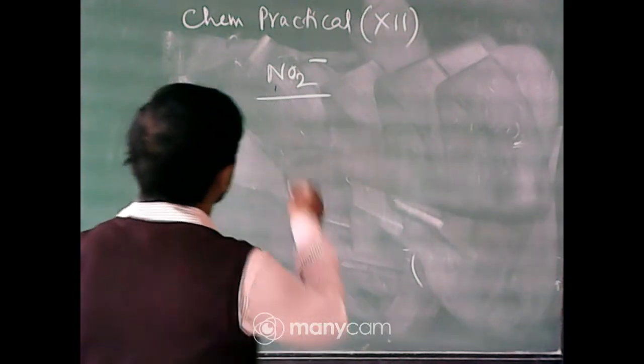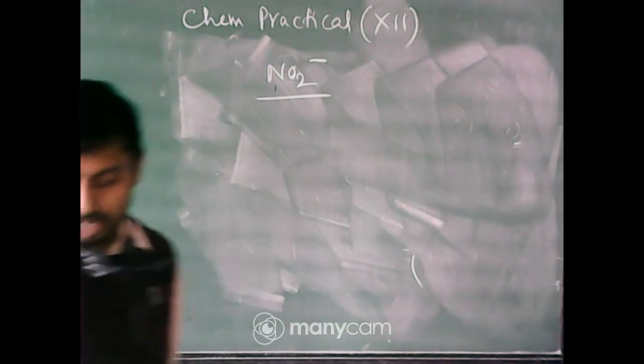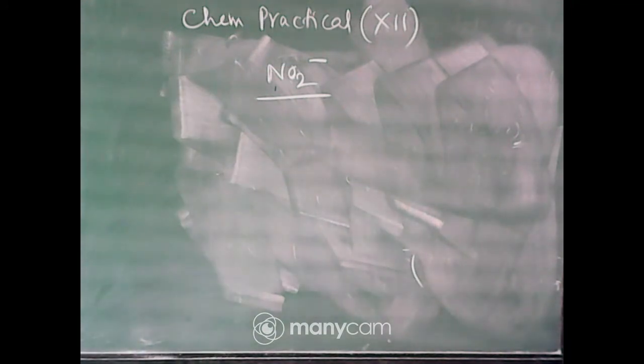So NO2 minus is nitrite. Now how to test for nitrite? First of all, we have to take the sample.